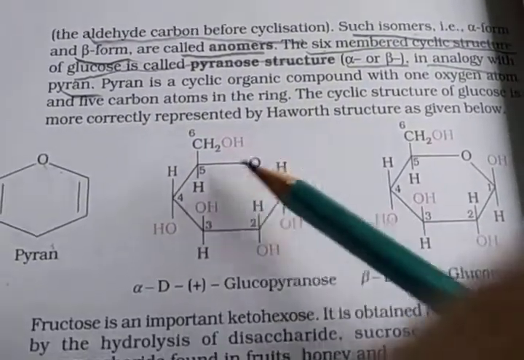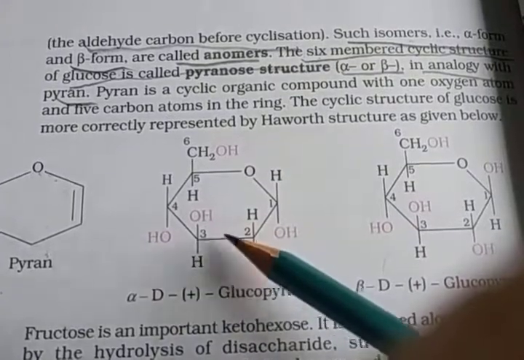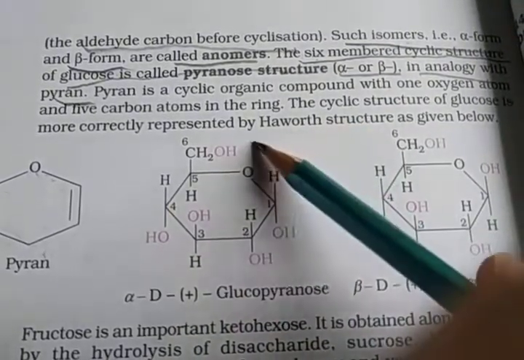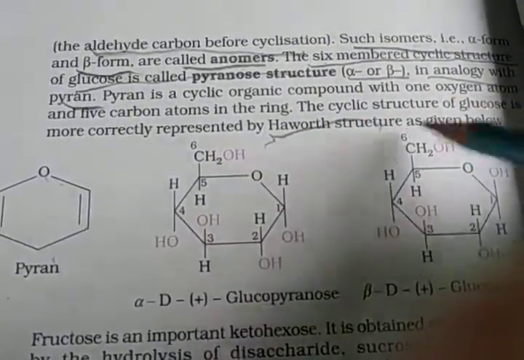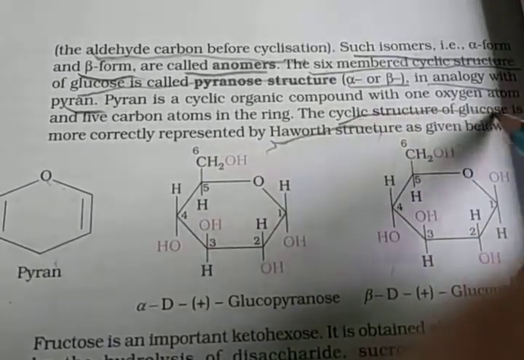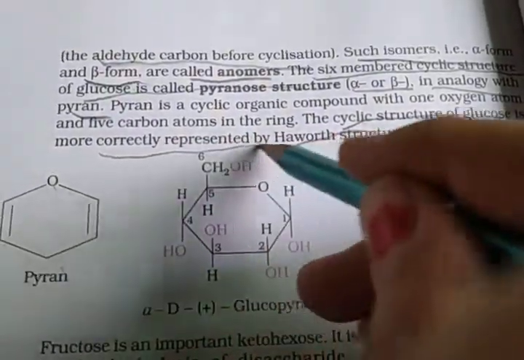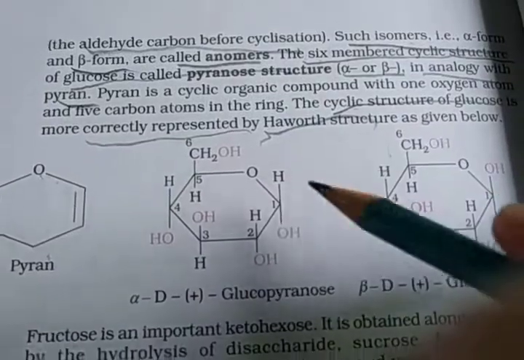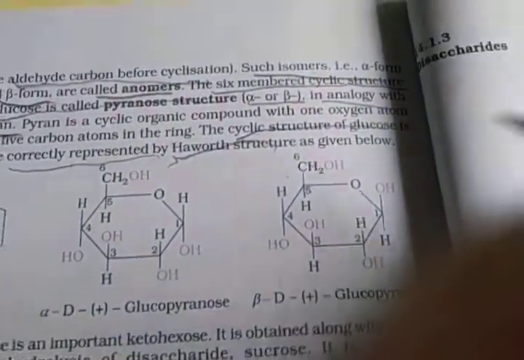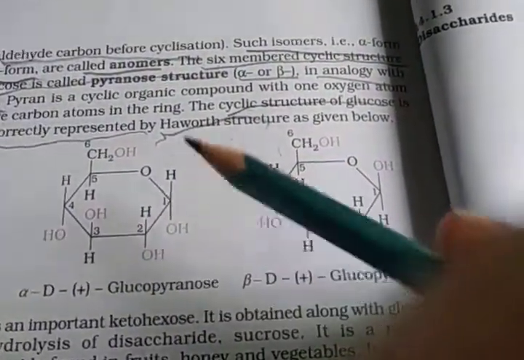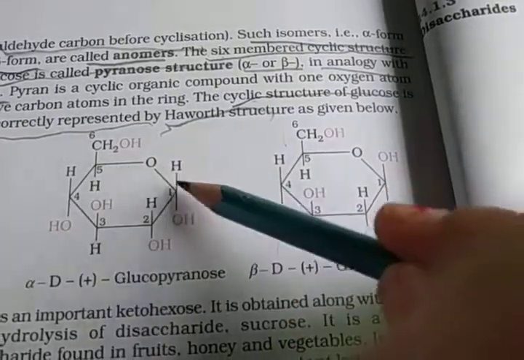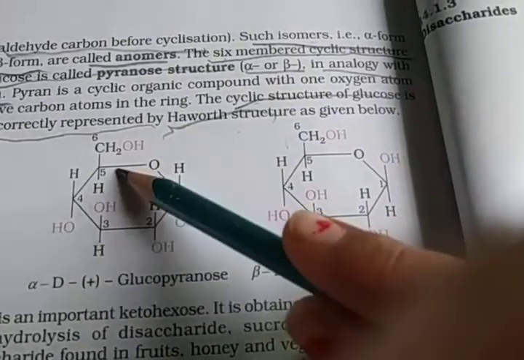The cyclic structure of glucose is more correctly represented by the Haworth structure. So here you see oxygen and 1, 2, 3, 4, 5 carbon.